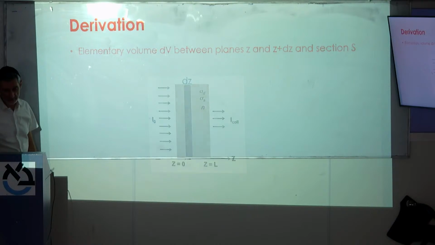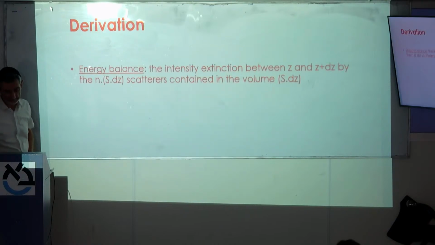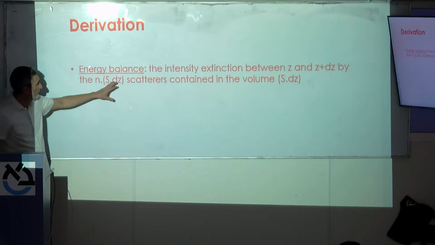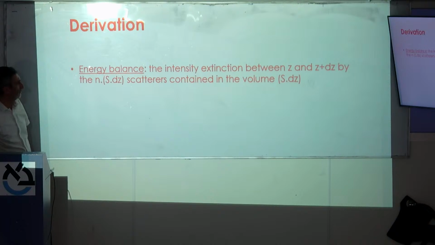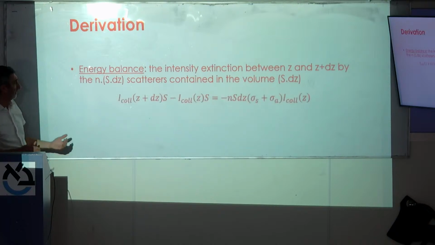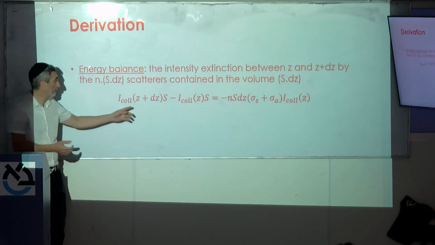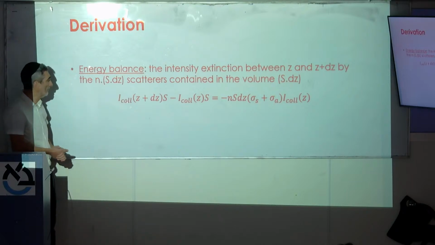So we can write the energy balance, which means the intensity extinction between z and z plus dz by the scatterers that are in that volume, so n times S times dz, contained in the volume S dz, can be written like that. That's how much we lose as we propagate through this elementary slab dz.